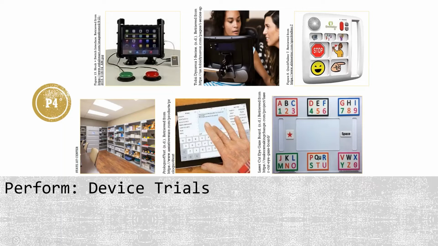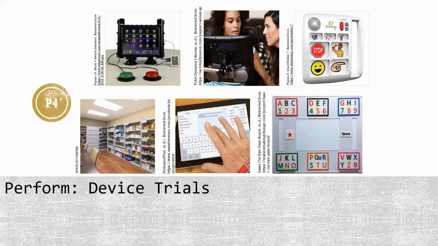If they're using eye gaze, what are their visual skills? Does it need to be right in midline? Do we need to mount it a bit to the right or left of midline if they're using their peripheral vision? These are some of the things we're thinking about when we're picking devices to trial in the AAC assessment.